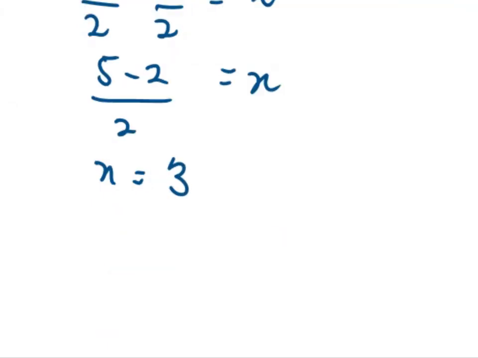That will give us 3 over 2. Now take note, never leave your final answer in an improper fraction. This is an improper fraction because the numerator is greater than the denominator. So what we can do is change this to a mixed fraction. You ask yourself, how many 2s are in 3? That is 1. Remember, 1 all over 2. So this is 1 1/2. So the positive value of x is 1 1/2.